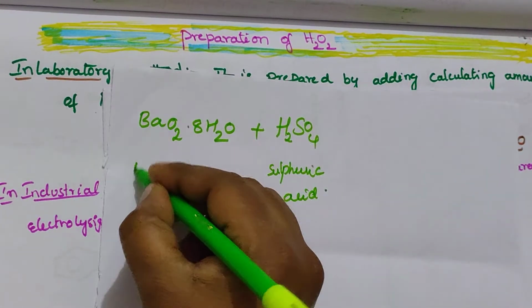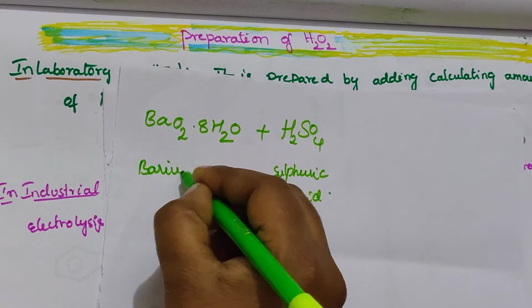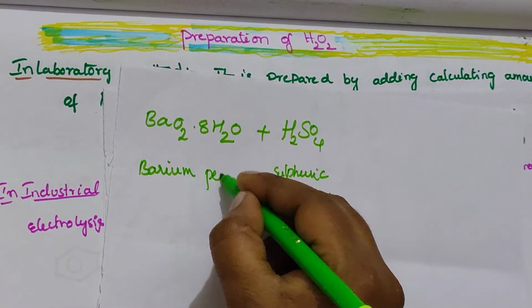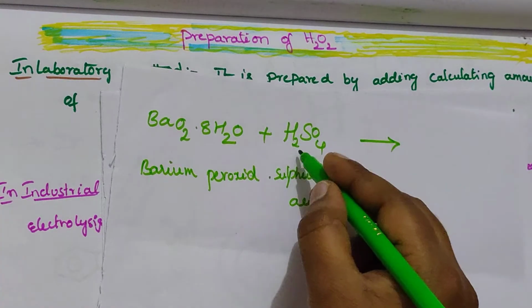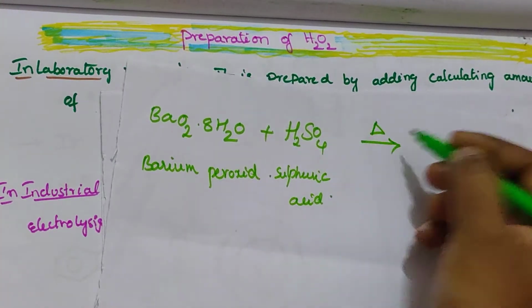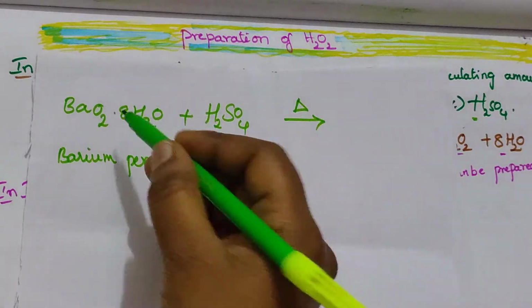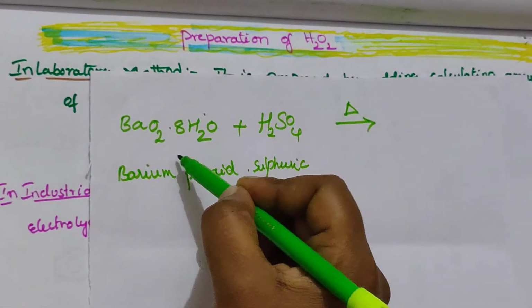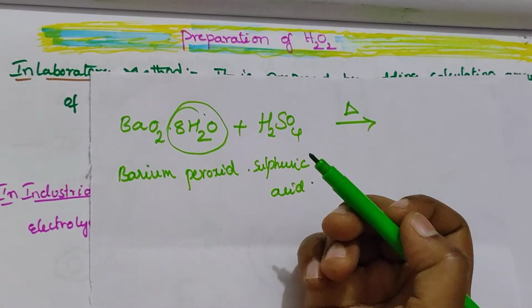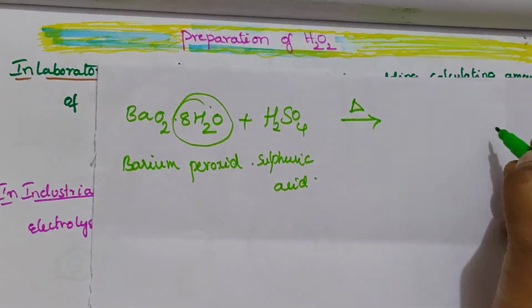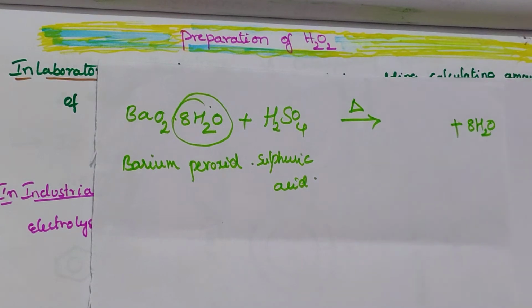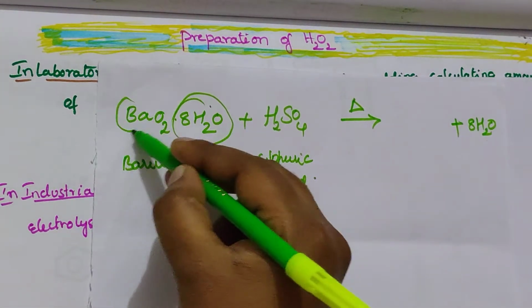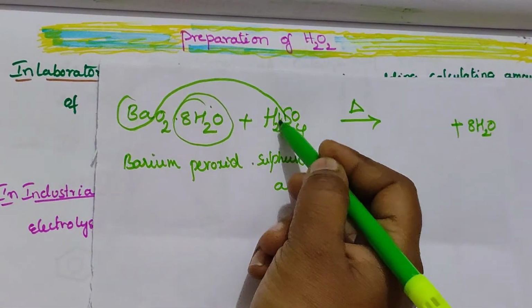It is treated with barium peroxide. H2SO4 is the dehydrating agent, so it removes water molecules from the compound. So I can write it like this: 8H2O plus barium and sulfate.